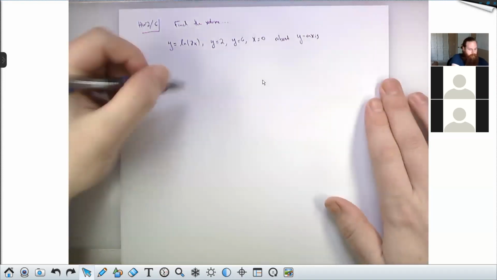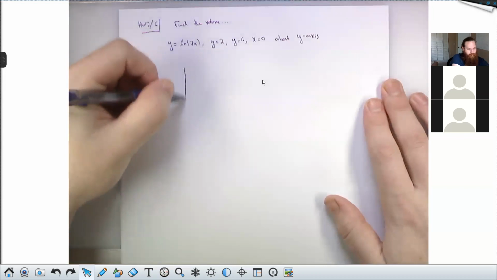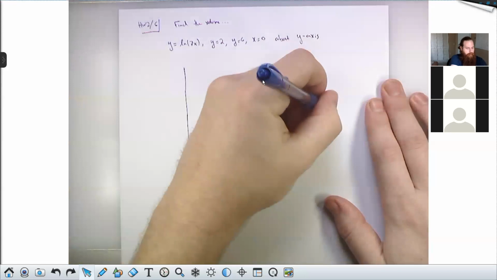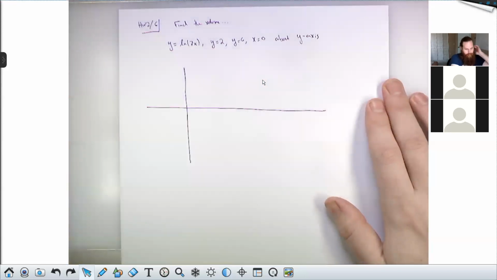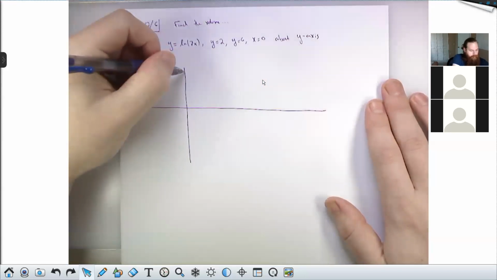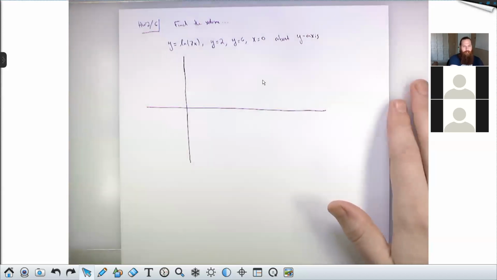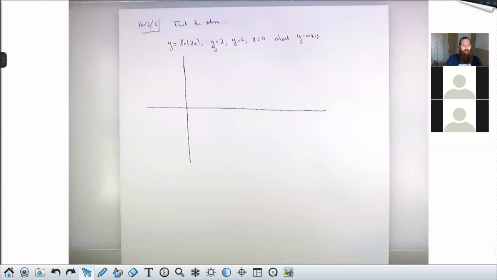The natural log of 7x. Well, that's going to look a lot like the natural log of x, except things are going to be shifted. It'll be equal to 0 when x is equal to 1/7, because the natural log of 1 is 0, so I have to ask, when is this inside equal to 1?